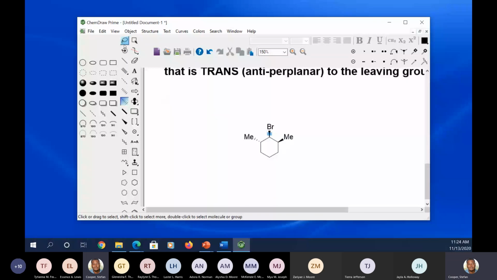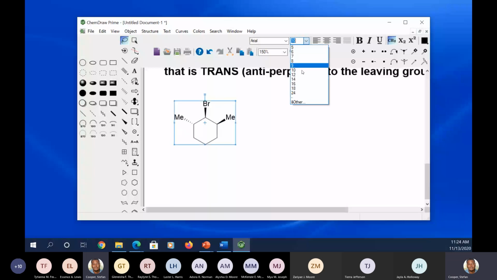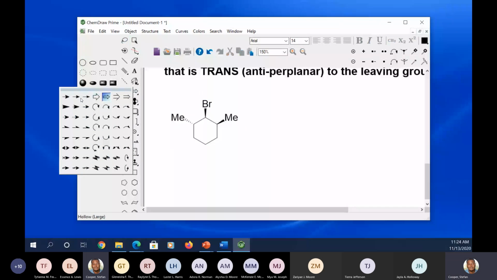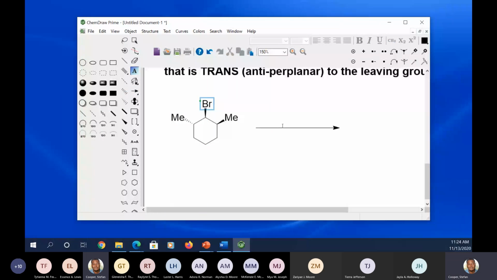Okay, so I want to deal with this molecule. Get my fonts a little bit bigger here. I'm going to introduce it to sodium hydride.